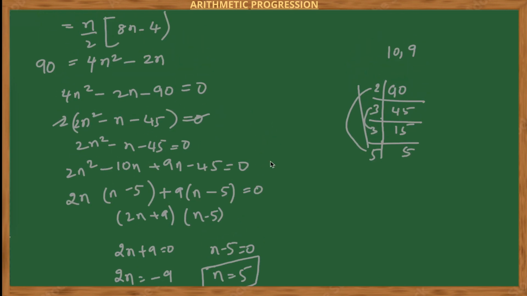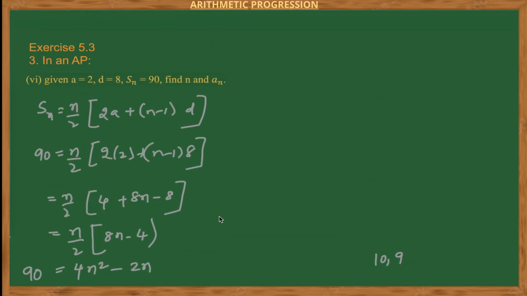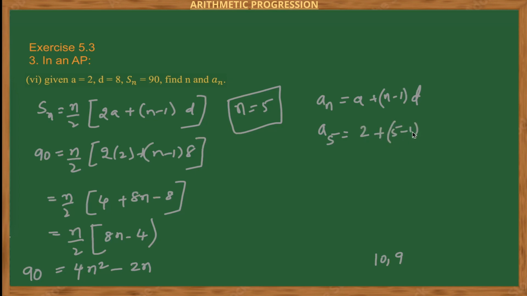Okay, so we got n. The value of n is equal to 5. So let's find a5. An is equal to a plus n minus 1 into d. So a5 is given as 2 plus 5 minus 1 into d. D is 8.